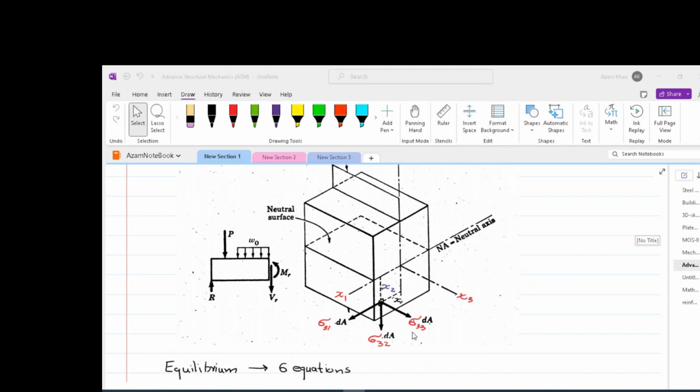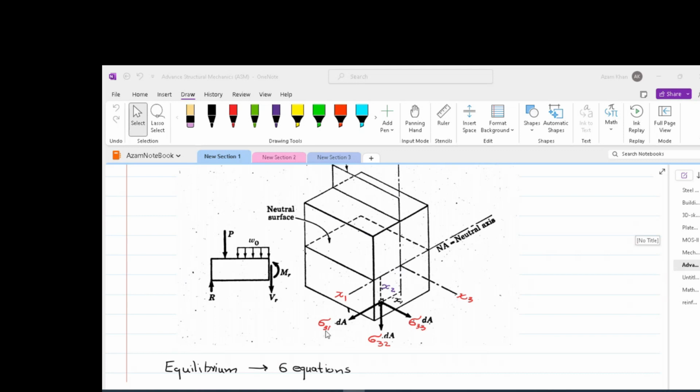The first subscript of the stress means the outward drawn normal of the surface on which this stress occurs. And the second subscript means the direction of the force which is responsible to create that stress.